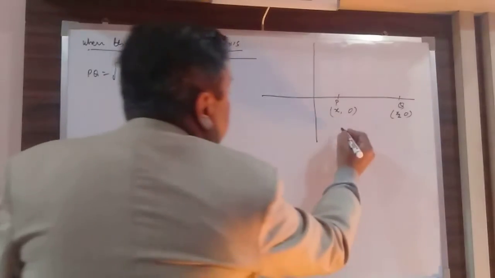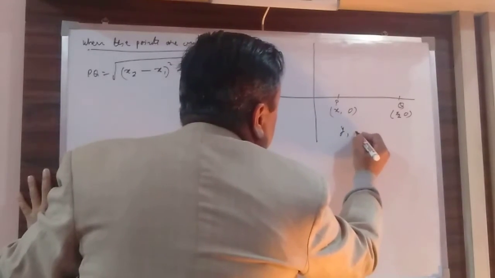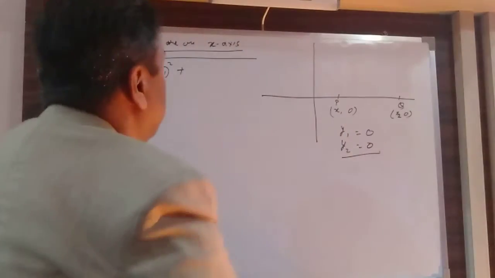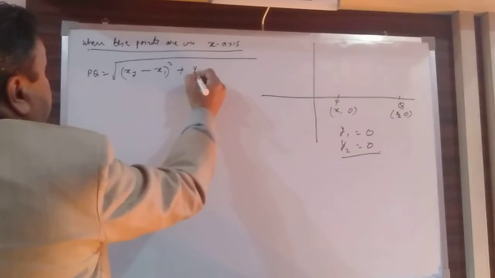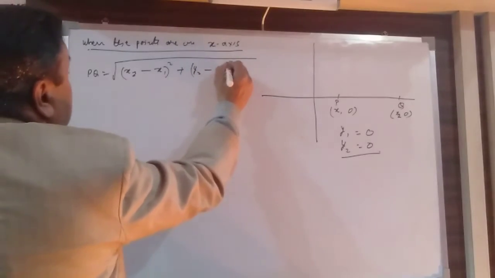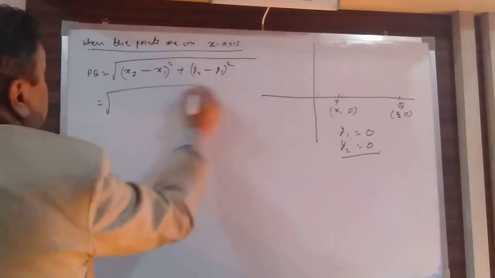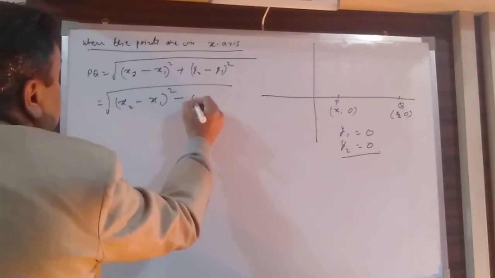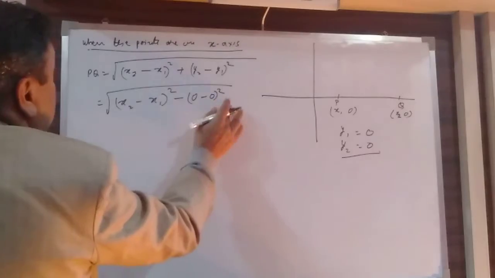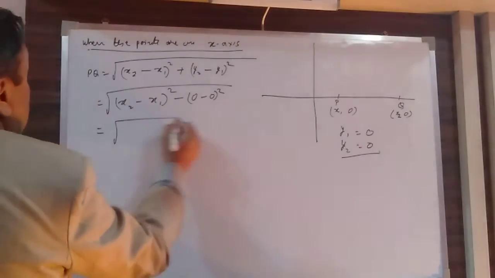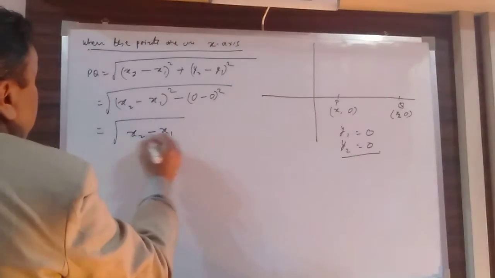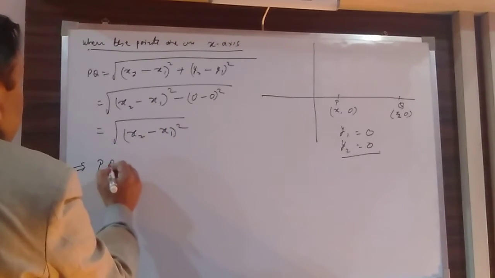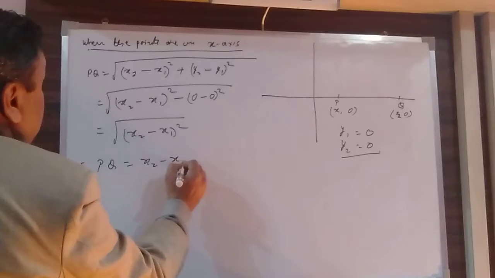Here you see both y1 is equal to 0 and y2 is also equal to 0. So the y2 minus y1 square term is 0 square, so it will become 0. It is of no use. So it is the square root of (x2 minus x1) square. What does it mean? PQ is equal to x2 minus x1.